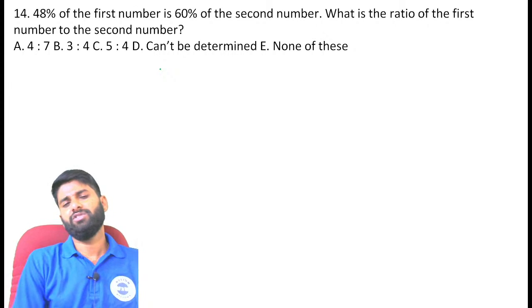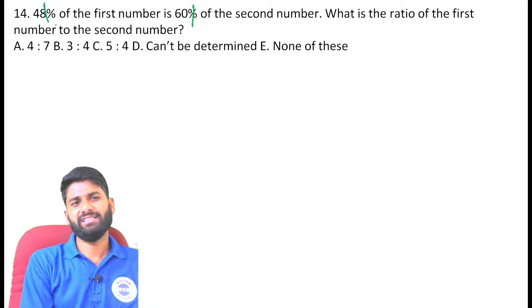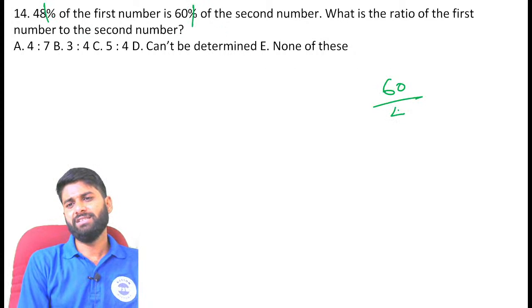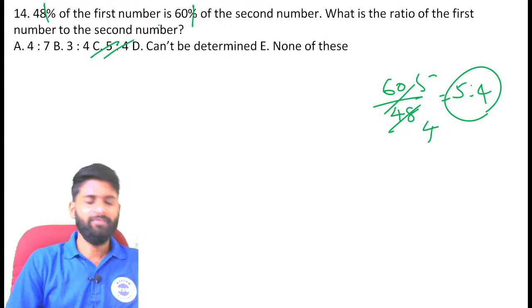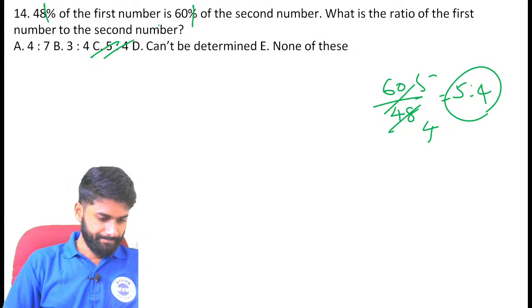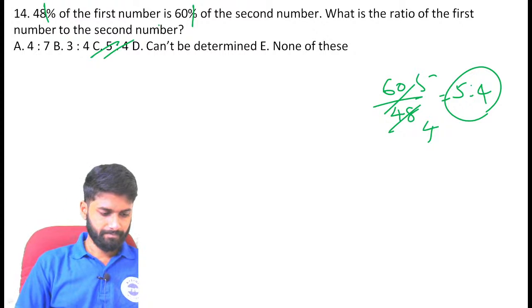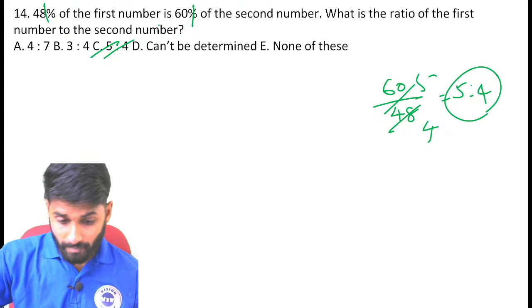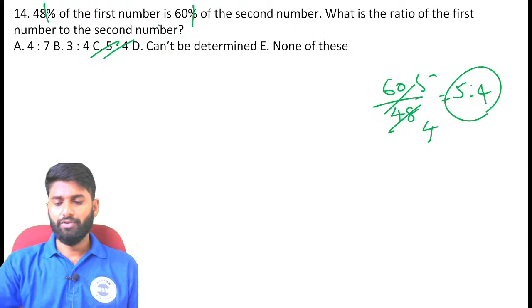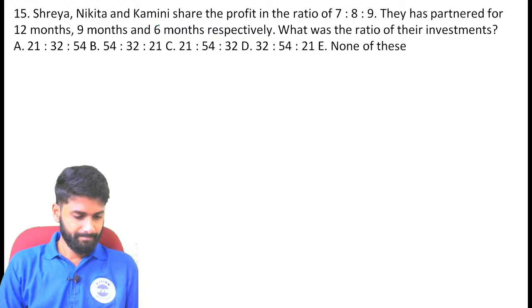What is the ratio of the first number to the second number? See, the percentage cancels, and directly the answer becomes 60 by 48. So 12 fours are 48, 12 fives are 60, the ratio becomes 5 is to 4. Just read the question carefully, guys. Next one.